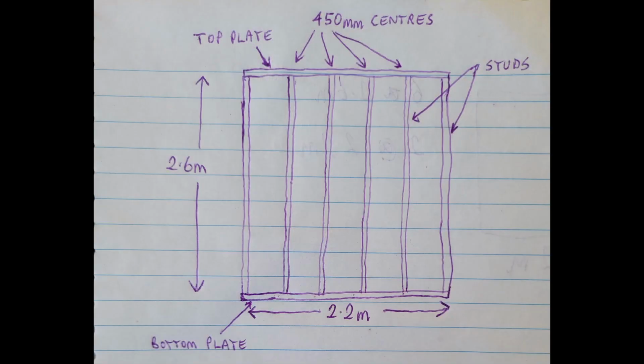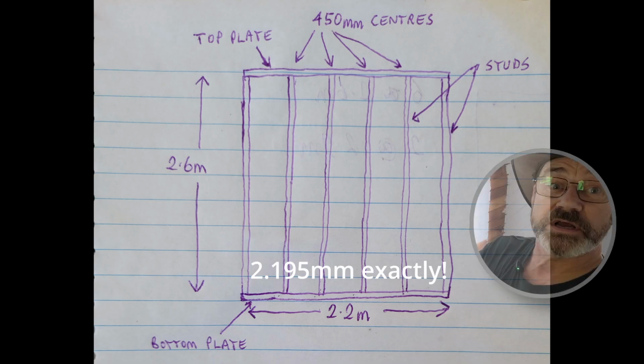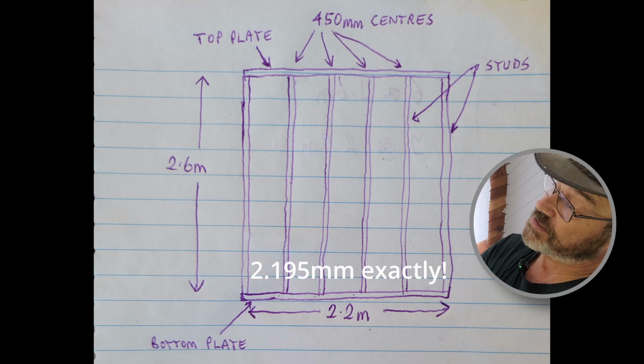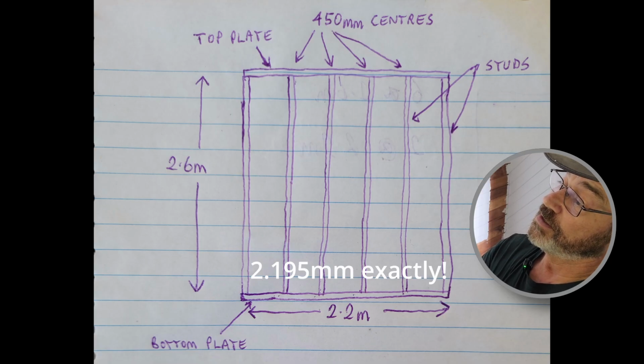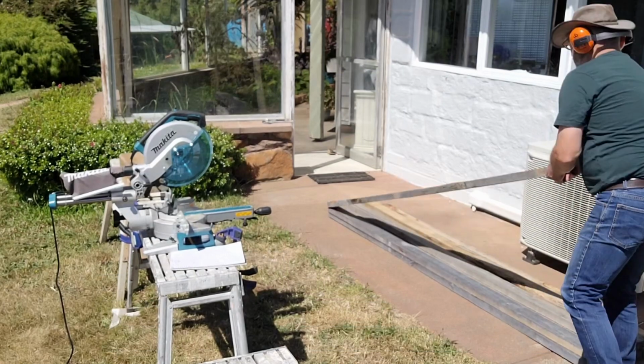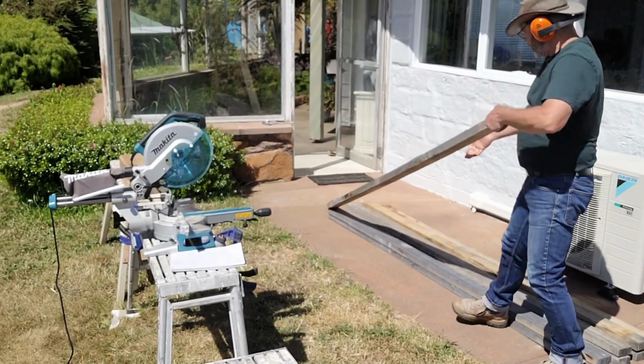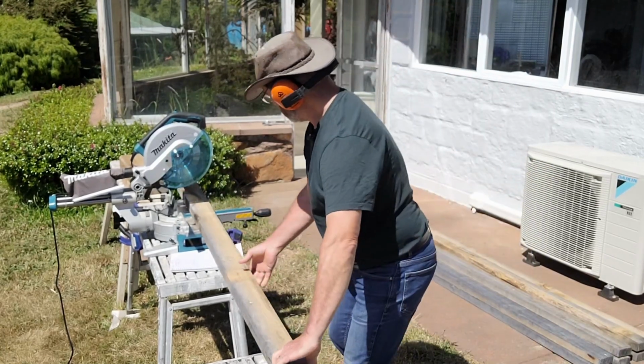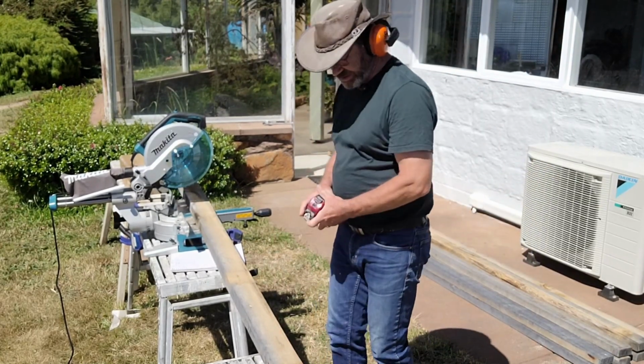So here I've measured the top plate, and the bottom is 2 meters 195 millimeters. So I'm going to cut the bottom plate and the top plate and then fasten them into the ceiling, and then after that I'll measure the studs and fill in with those. So that's straight. For the last little bit, it's a bit bent, so I'm going to cut that end off. Measure this for the top plate.